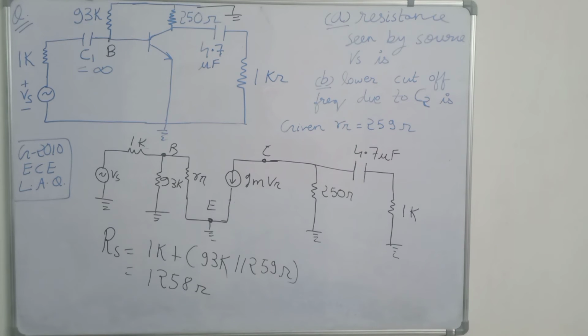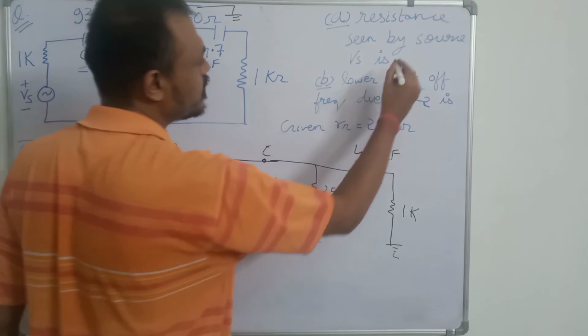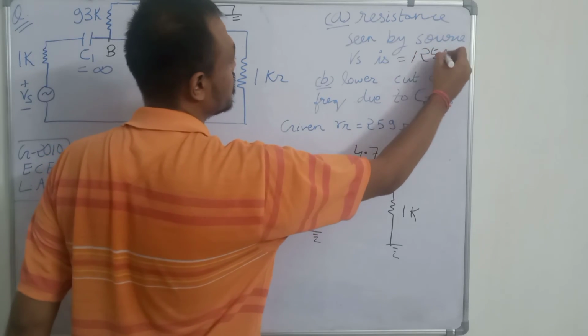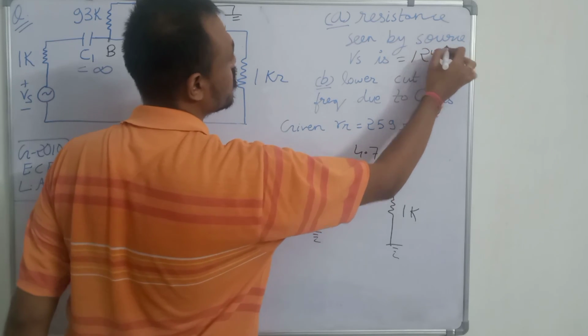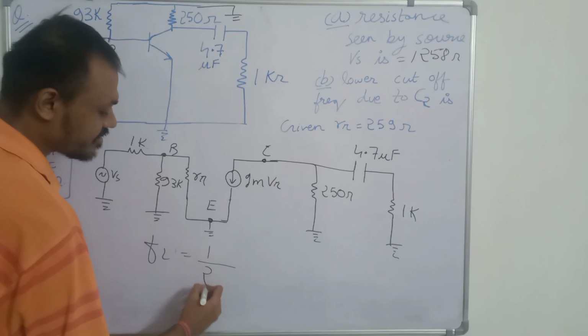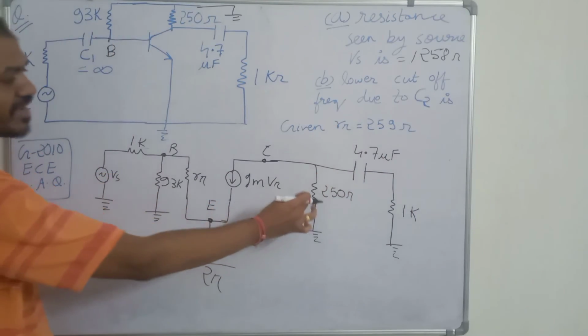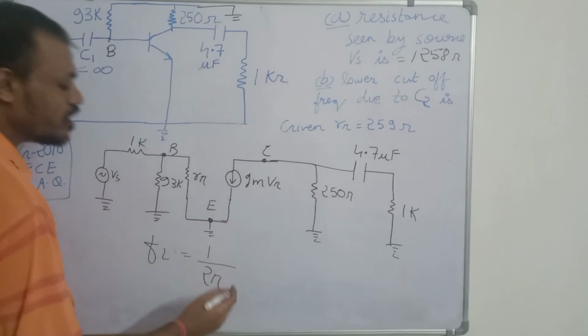Now we have to find the lower cutoff frequency due to capacitor C2. So the lower cutoff frequency due to capacitor C2 is given by, so we have already found out it to be 1258 ohms. The lower cutoff frequency due to capacitor C2 is FL is equal to 1 upon 2 pi, and this RC and RL. For the lower cutoff frequency due to capacitor C2, this 250 ohm and 1 kilo ohm resistor are connected.